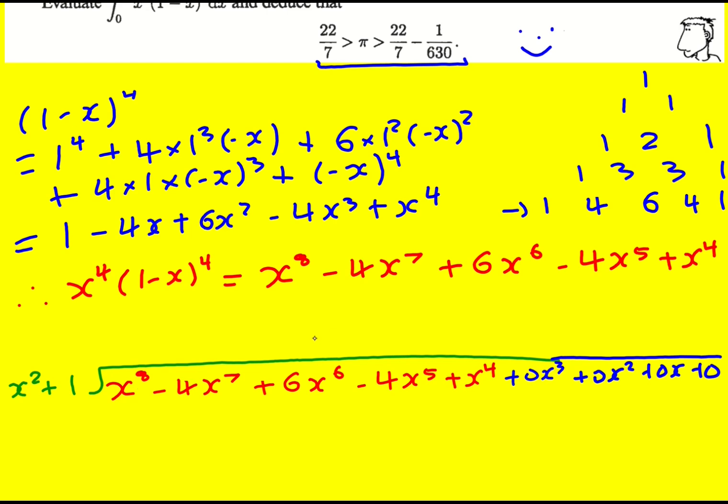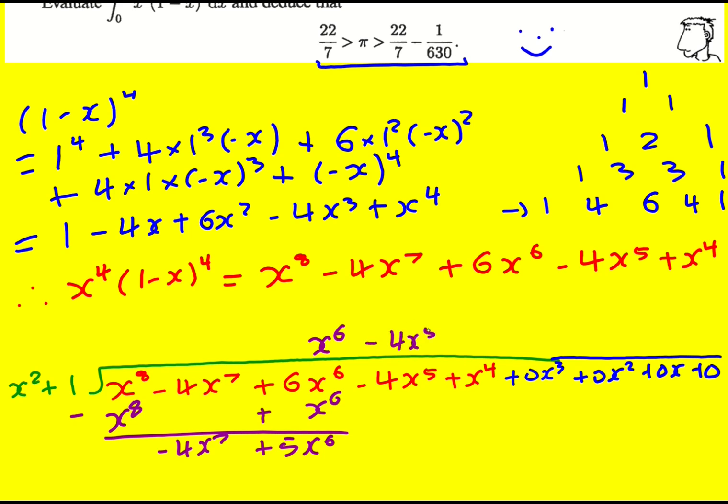x squared into x to the 8 goes x to the 6. Multiply back through. And do get involved and try this out yourself. Just be really careful with the place value. Okay, minus 4x to the 7 plus 5x to the 6. Minus 4x to the 5.